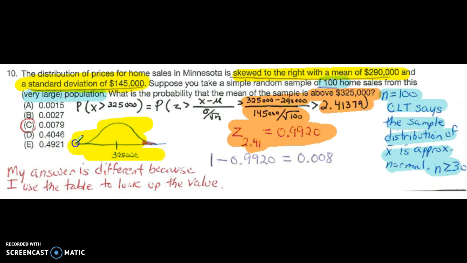I need to draw a picture. Here's my picture. I put my mean in the middle. I am looking for this small amount. That probability is very small. So I'm going to go 1 minus. So that's what I got for an answer. I got a different answer than the publisher because the publisher used the calculator and I did this by hand.